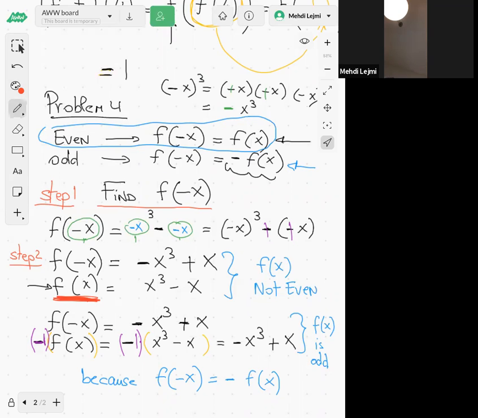Then you compare it to minus f of x, and in this example they are equal, so f is odd. Guys, in the test, you have to justify the answer. If you just write that f is even or odd, you won't get any credit. This is really important, especially for this problem.